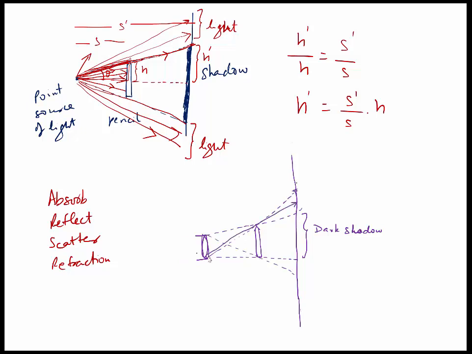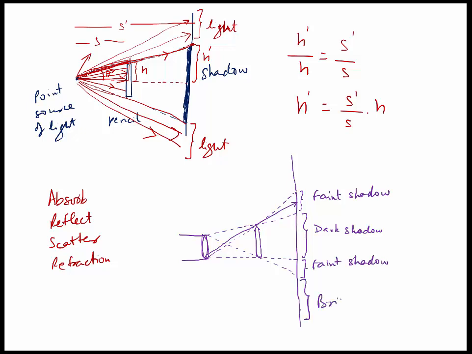And while the light from the very bottom of this light source cannot reach this portion of the screen, the light from the top part of the light source will reach this portion, so it'll be partially illuminated. So it'll be a faint shadow that'll get fainter as you go up, and similarly there's going to be a faint shadow at the bottom that gets brighter as you go down, and then below that it's going to be bright.